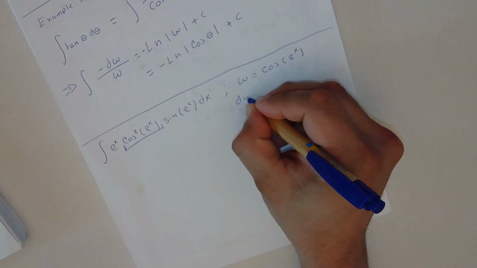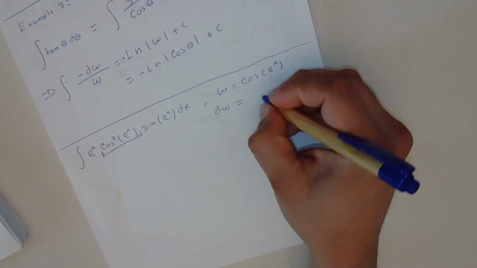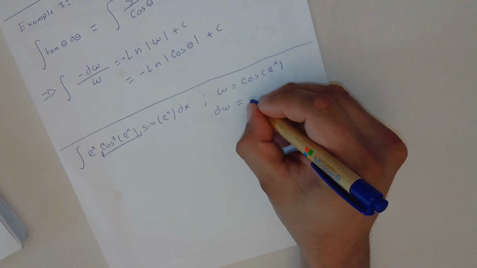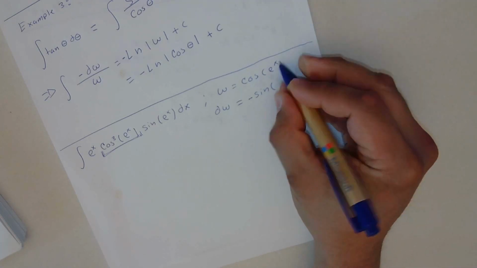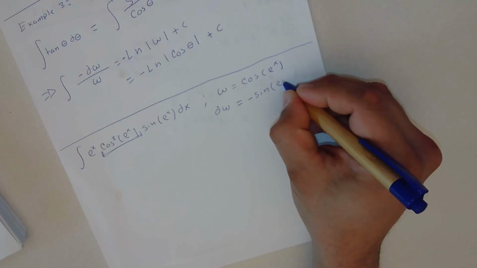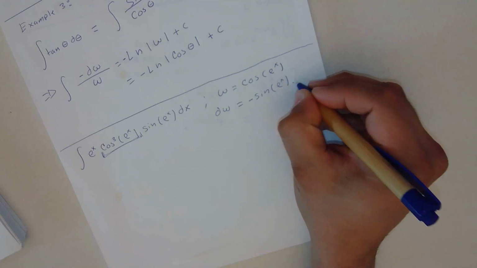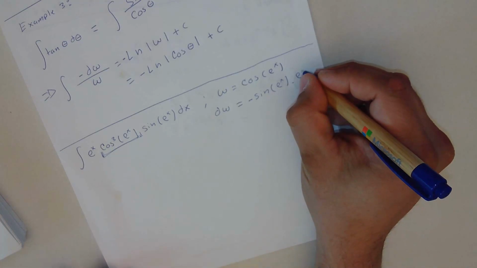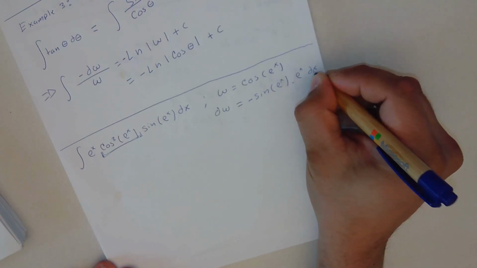So the derivative of w, what will it be? It will be the derivative of cosine, which is minus sine. The e exponent, I will keep as it is for now, multiplied by the internal derivative of the exponent at the x.